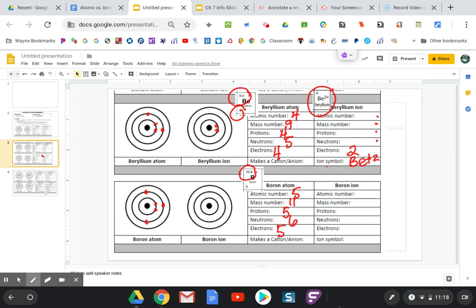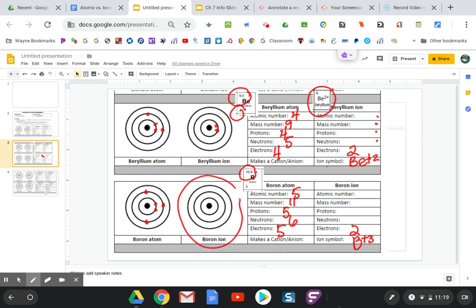And boron, a lot of places say that boron doesn't make an ion, but some do say it does. So your periodic table won't have this, but it can make a +3. So our electrons are going to go from 5 to 2. And then you're just going to add the 2 right here.